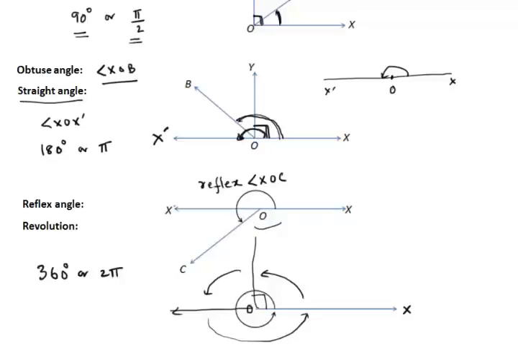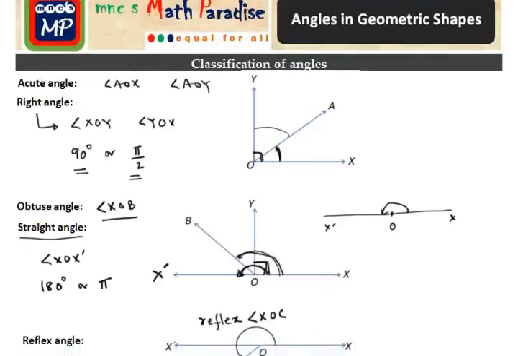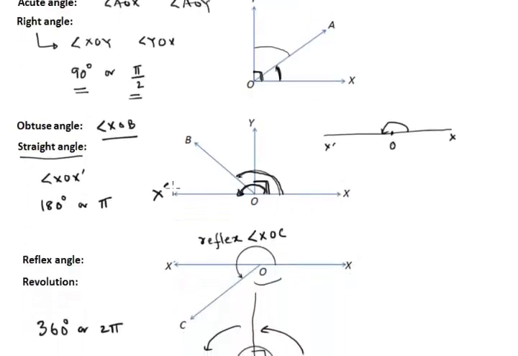So if we summarize: when two lines meet perpendicularly, they make a right angle, which is 90 degrees or pi by 2. Any angle less than 90 degrees, less than a right angle, is an acute angle. When two line segments meet each other in exactly opposite directions, they make a straight angle, whose value is 180 degrees or pi.